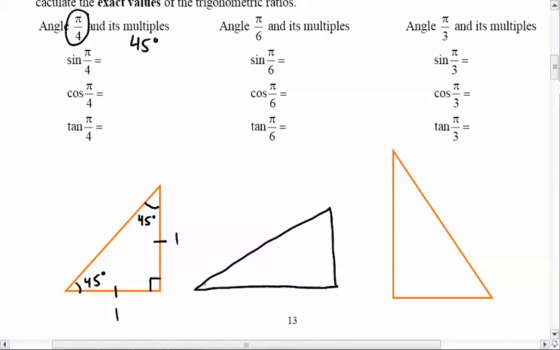And then I can use a squared plus b squared equals c squared to find out how long the hypotenuse is. 1 squared is 1, 1 squared is 1, 1 plus 1 is 2. So c is the square root of 2. So if the sides are 1, then the longest side is root 2.